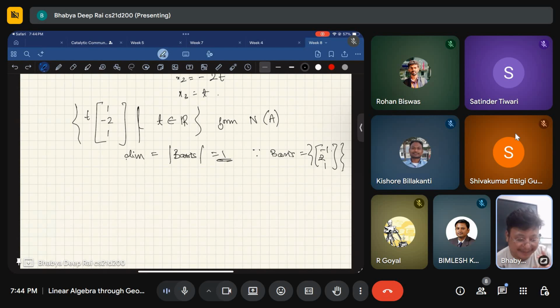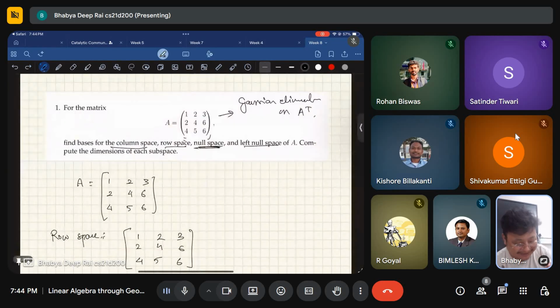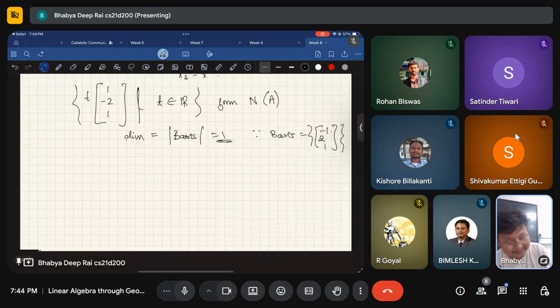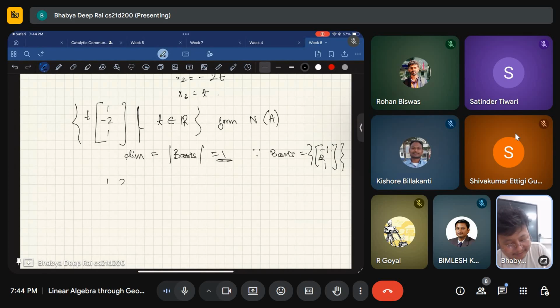By multiply, I mean dot product, because it's orthogonal. Let's see if that is true, whether we made any mistake or not. For example, the row space will have 1, 2, 3, right? So let's take the dot product of 1, 2, 3 and 1, minus 2, 1.